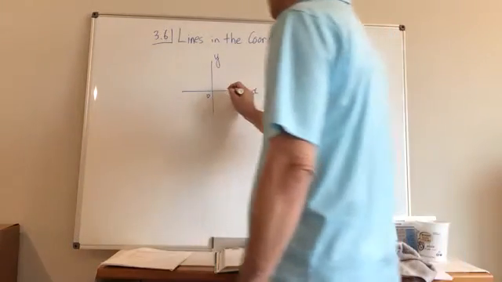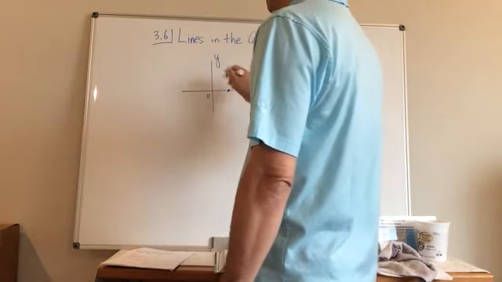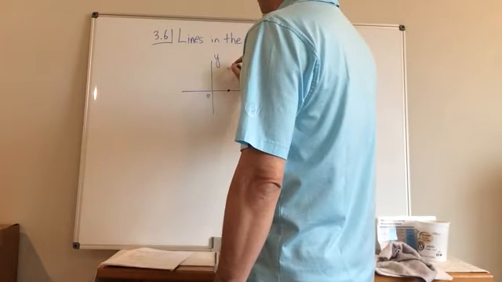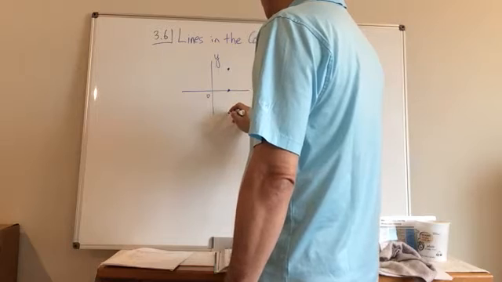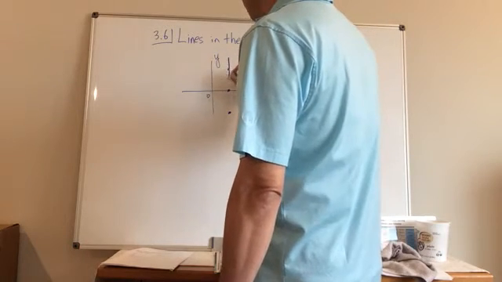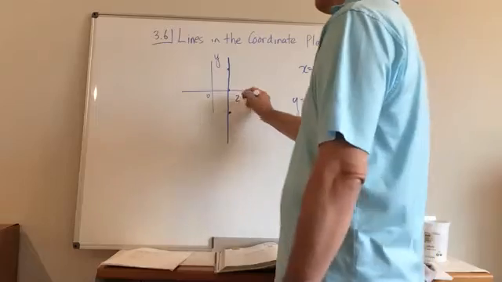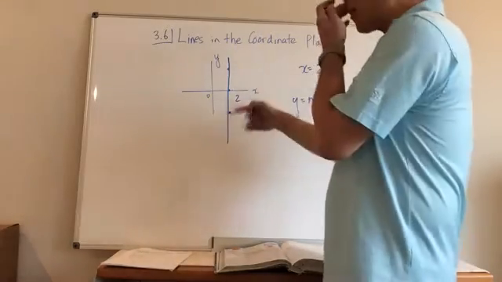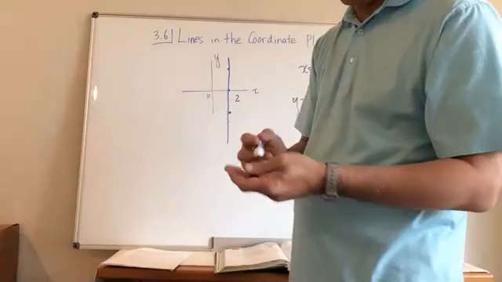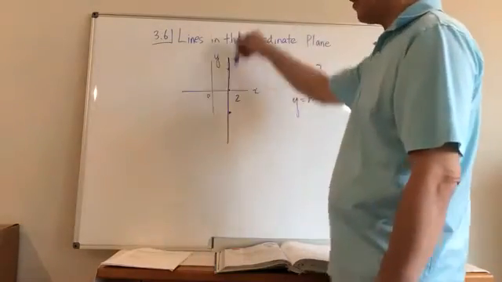When y is equal to 0, x is equal to 2. When y is 5, x is 2. When y is negative 5, x is 2. So if I connect these dots, x is always going to be 2, no matter what the y value is, and that is why it is a vertical line.